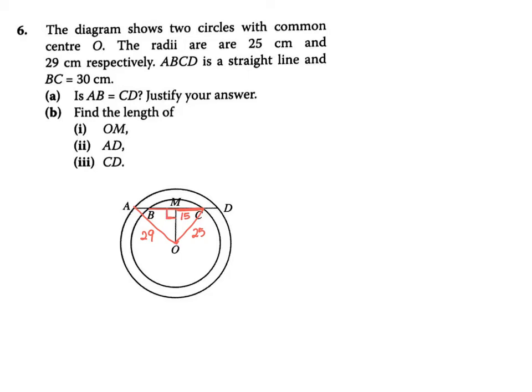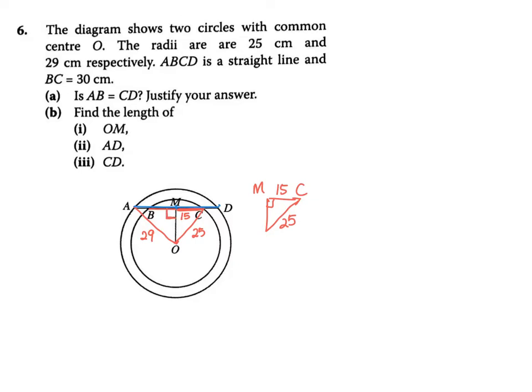So let's draw out our first triangle over here. M to C is 15, 25. And we also know that the next line, O to M, is also perpendicular to AD. That means M to D will also be cut into two equal portions.